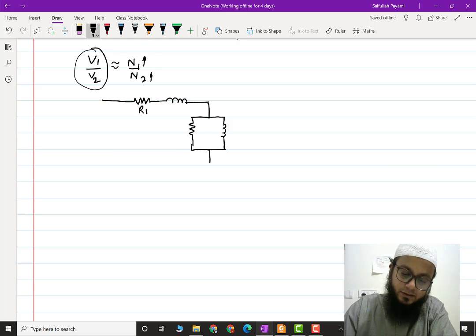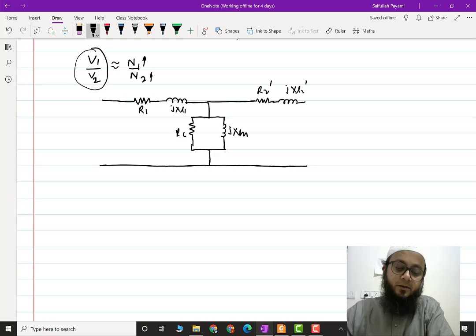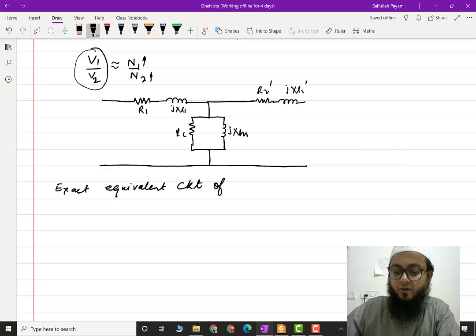This is R1, this is jXL1, this is RC, and this is jXM, the magnetizing reactance. And if I have referred the secondary side parameters to the primary side as well, then this would be R2 dash, which we have discussed in the previous lecture, and jXL2 dash. So this is the representation of a transformer referred to the primary side: the exact equivalent circuit of a transformer referred to the primary side.